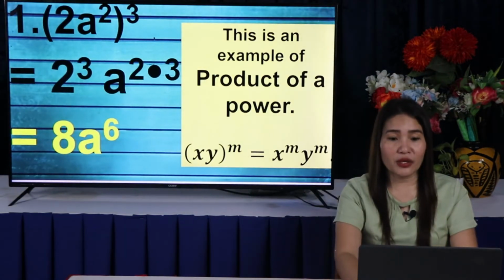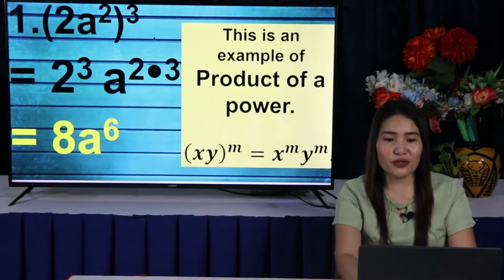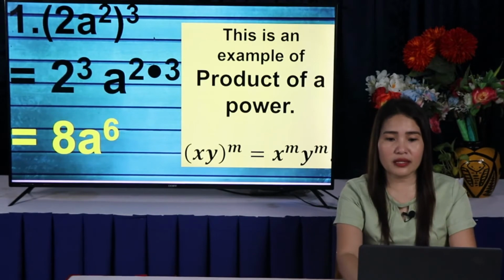Say we have the quantity of 2a squared raised to 3, is equal to 2 raised to 3, then a raised to 2 times 3. So you will have 8a raised to 6.